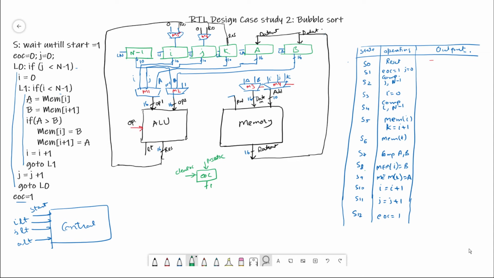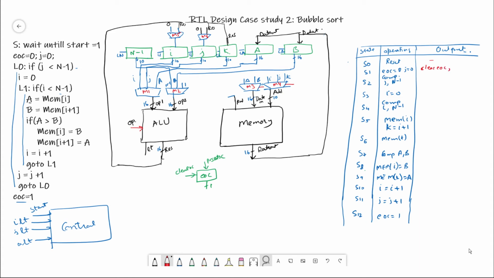In the S1 state we have to clear the EOC and set j equal to 0. So clear EOC has to be generated.